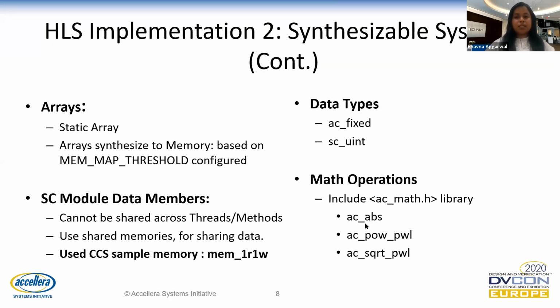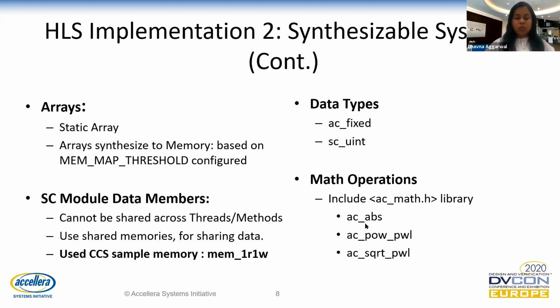Similar to C++ synthesizable design, we used static arrays that transform to registers in internal or external memory, considering the memmap threshold configured inside the HLS tool. For sharing data across the threads or methods, the IP defines shared memory, which was available inside Mentor's memory library.